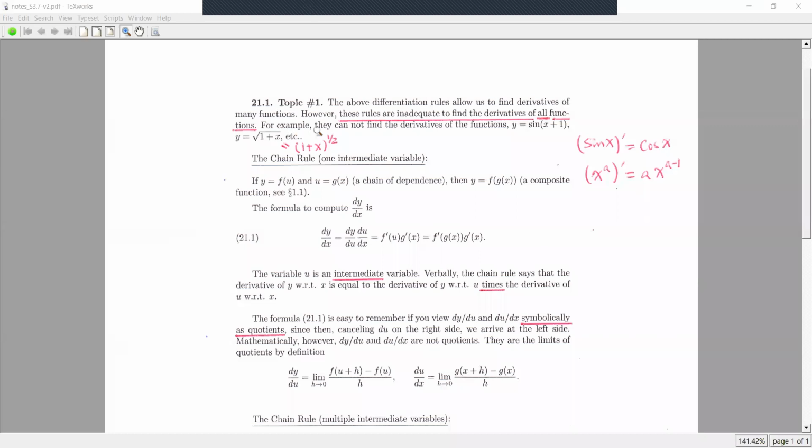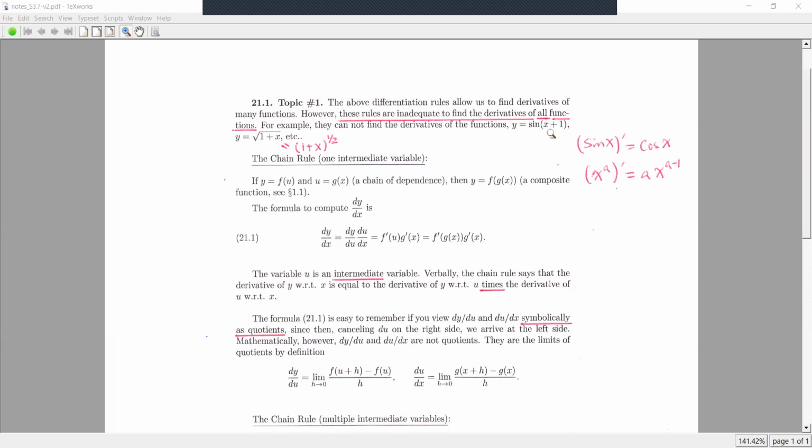For example, the 10 formulas cannot find the derivatives of this function and this function. We have a formula to compute the derivative of psi of x. But the function here is psi of x plus 1, different. We cannot directly apply this formula to compute the derivative of this function.